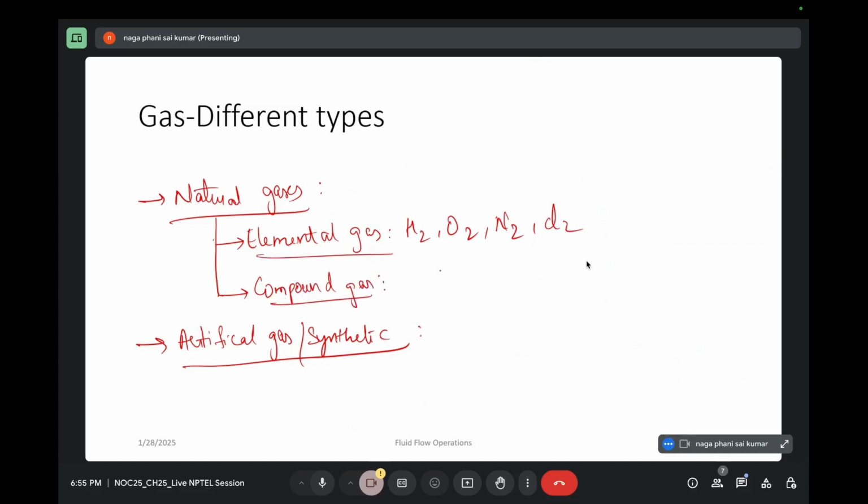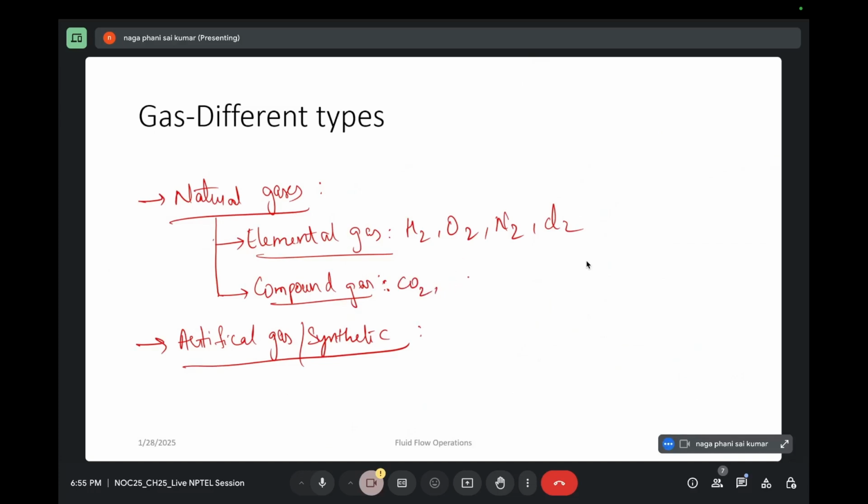Can anyone of you give examples of these compound gases? There are many compound gases in nature. Any examples? Carbon dioxide, carbon dioxide is a compound gas.